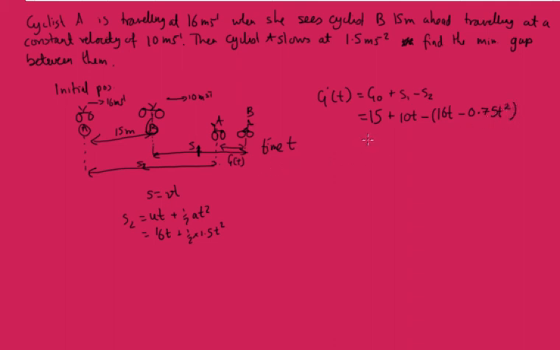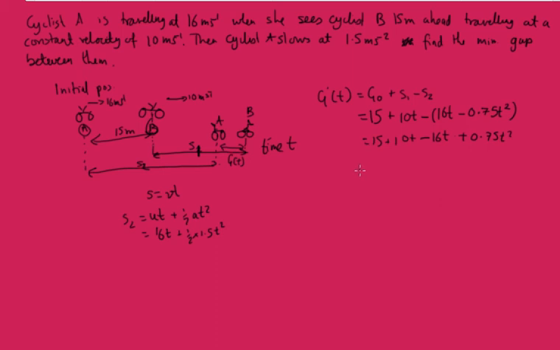Now we can break open those brackets, so we go 15 plus 10t minus 16t, minus and a minus makes a positive 0.75 t squared.